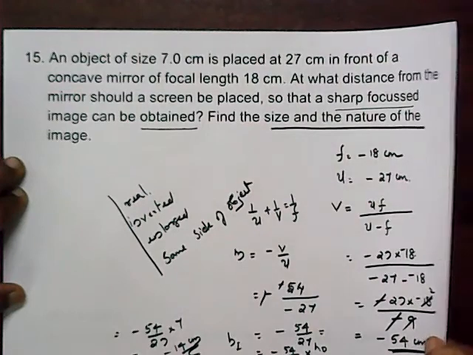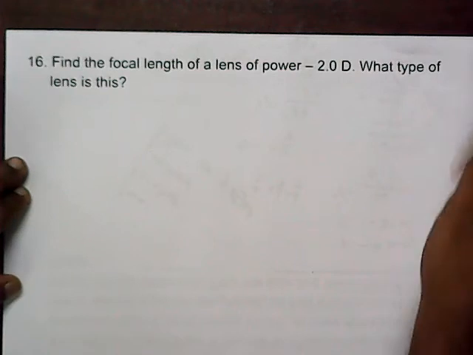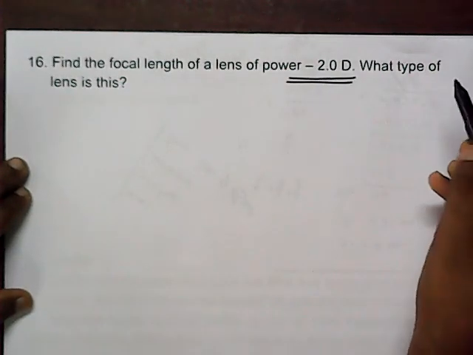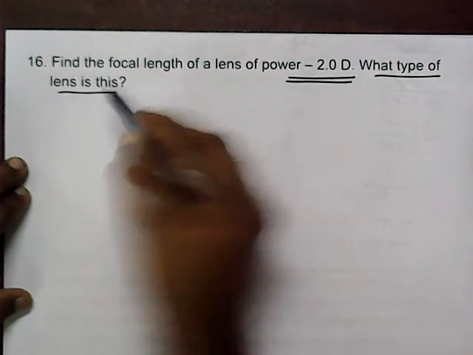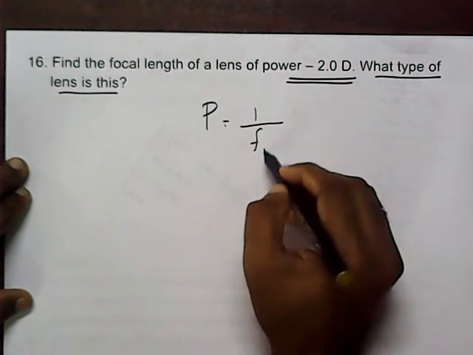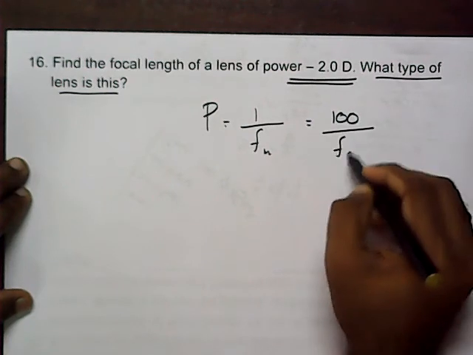Number 16. Find the focal length of a lens of power minus 2 diopter. What type of lens? We know the concept: power is equal to 1 by f in meter, or equal to 100 by f in centimeter.